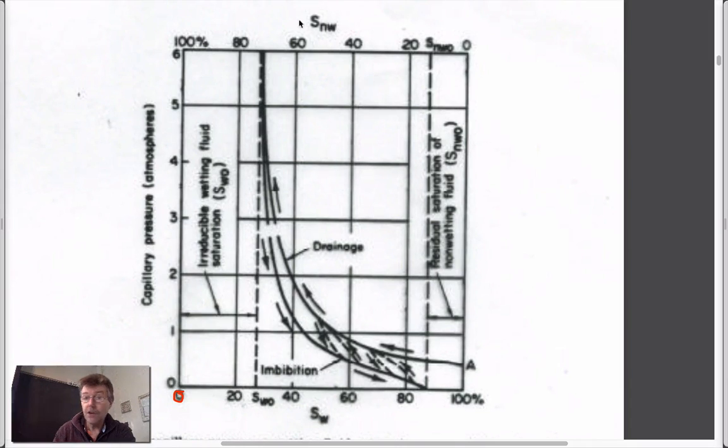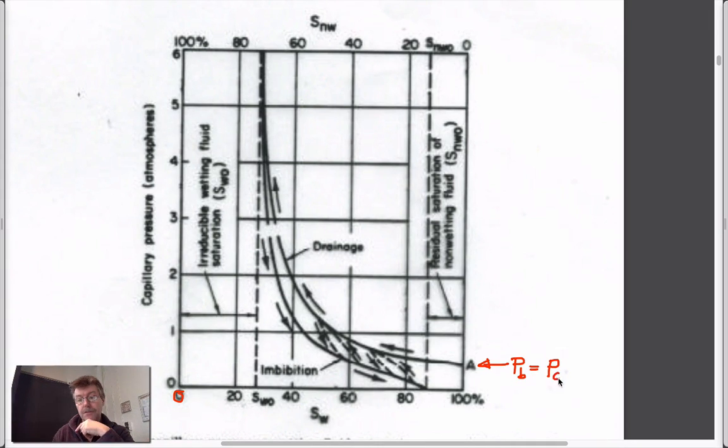The saturation of the non-wetting fluid is the reciprocal, goes from 100 to 0 as you go across it. This represents, what do we call this pressure here? Just shout. Bubbling pressure, yeah, great.